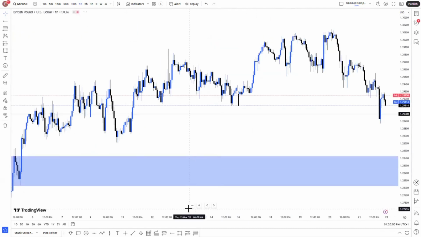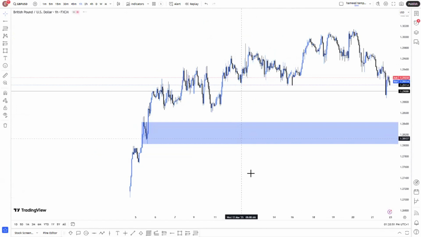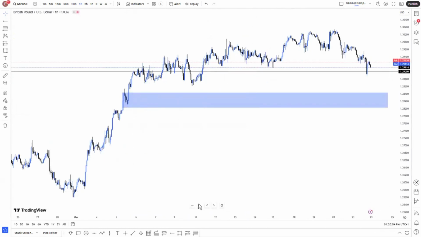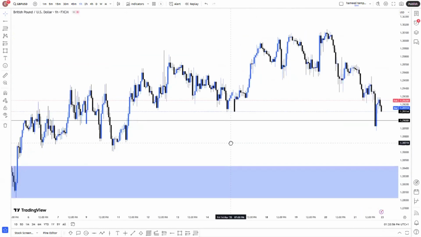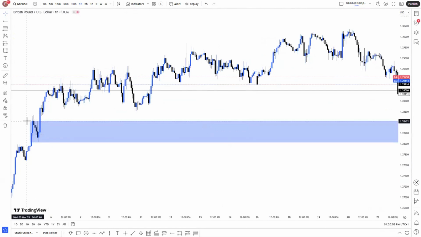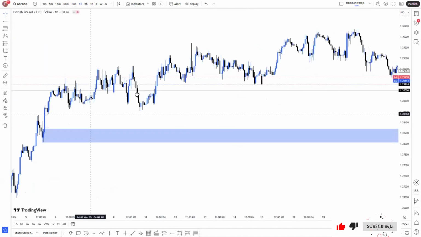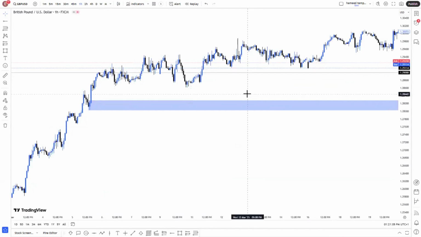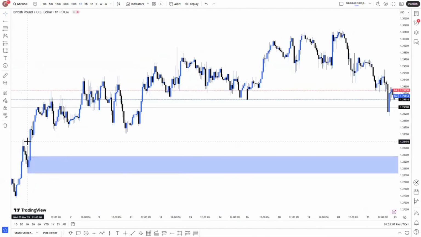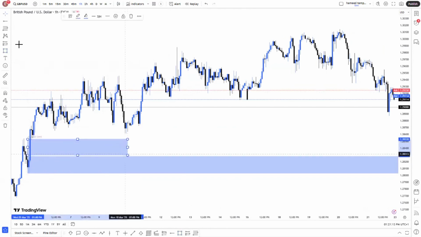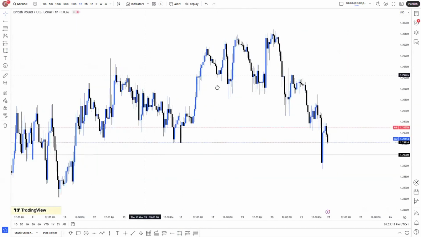Now let's go to the 1 hour time frame. On the 1 hour, we're finding this zone. Let's say I move this zone to this level because this is the origin. Now we have this imbalance around here, this imbalance here, and this imbalance around there.